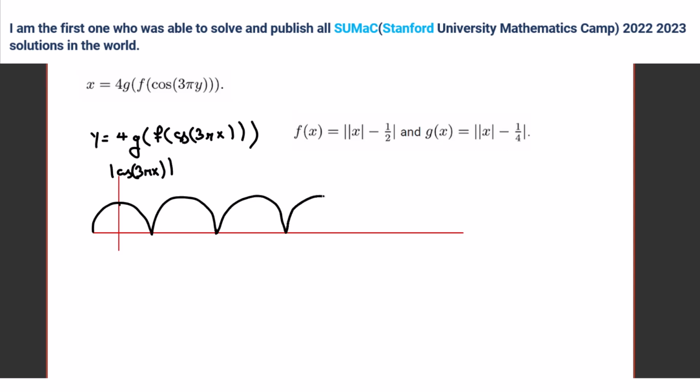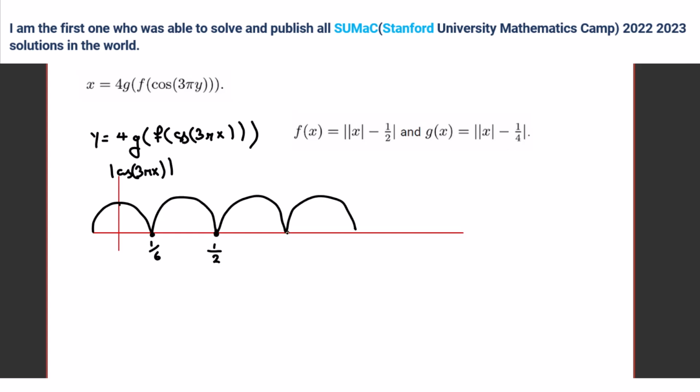Can you tell me what this value is? 1/6. Exactly, because it should be pi over 2, so 1 over 6. What about this one? This one is 1/2. Okay, because it should be 3 pi over 2, so 1/2.